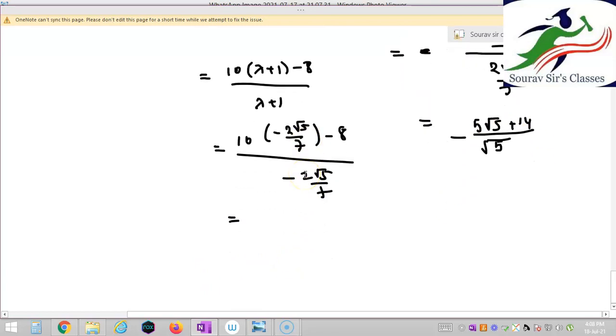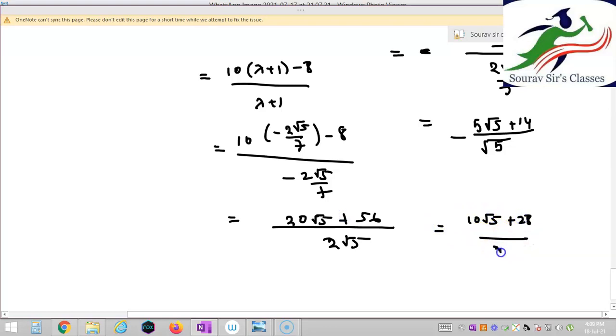Okay, so cancelling 7, that would be 20 root 5 minus 56 by 2 root 5, so plus, that would be 10 root 5 plus 28 by root 5.